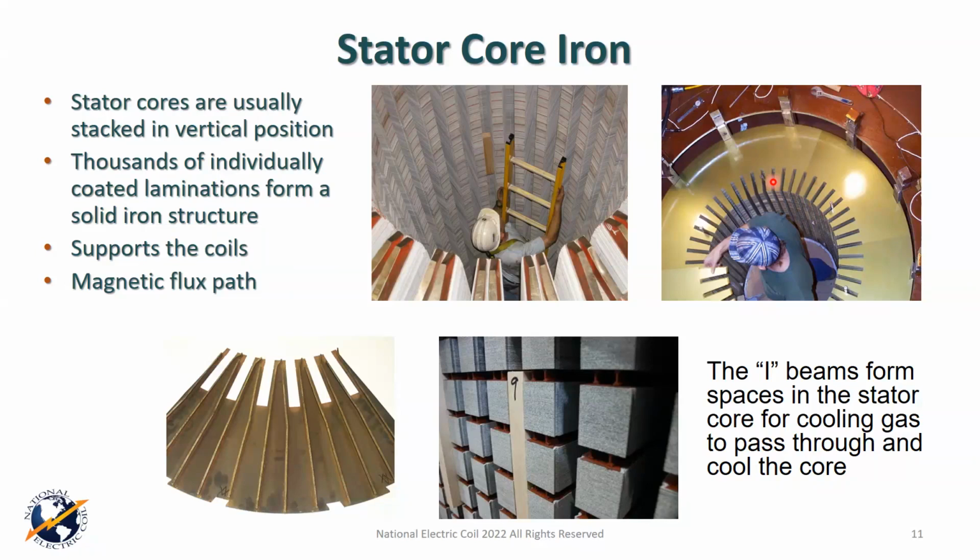It can be used to put in copper, decrease the I-squared R losses, may give you enough space you could do something more with a Roebel or other different aspects. So stacking tolerance is important. Some of the better ones are about 1/2 thousandths. Some people are stacking to a much lower tolerance, but stacking to a tighter tolerance is advantageous, and it really has to do with your tooling and your process.